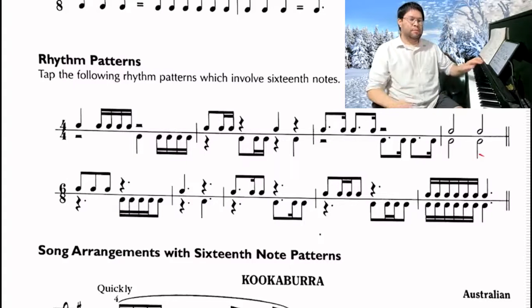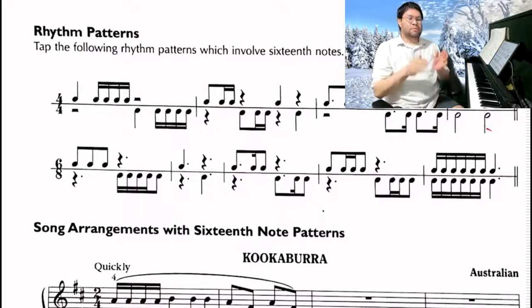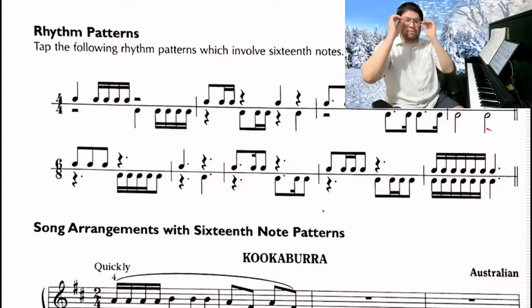Here we go. 1, 2, 3, 4, 5, 6. 1, 2, 3, 4, and 5, and 6. 1, 2, 3, 4, 5, 6. 1, 2, and 3, 4, 5, and 6. 1, and 2, and 3, and 4, 5, 6.